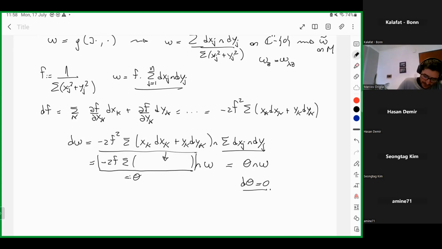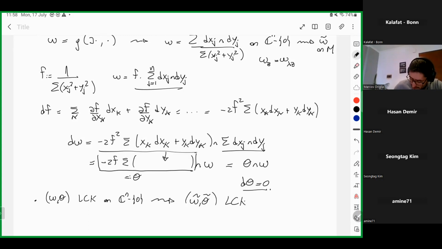And we have that this omega, theta, LCK on C^n descends to an LCK structure, called tilde, on the quotient, which is called M, right? So that's the locally conformally Kähler structure on our manifold M.